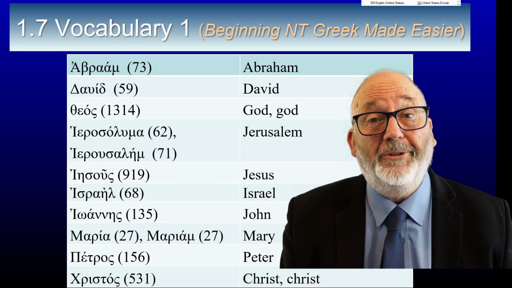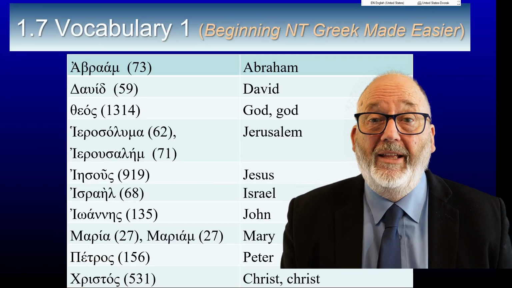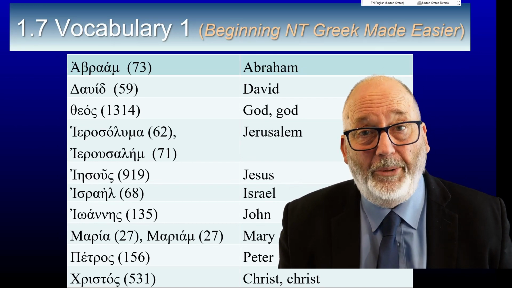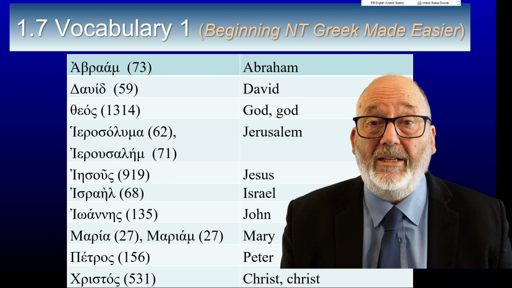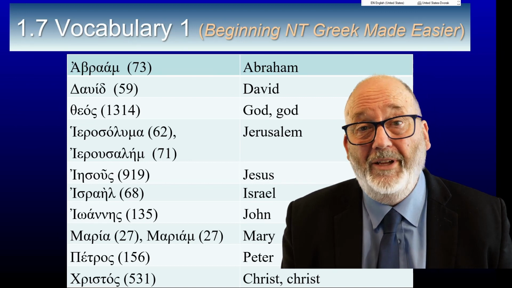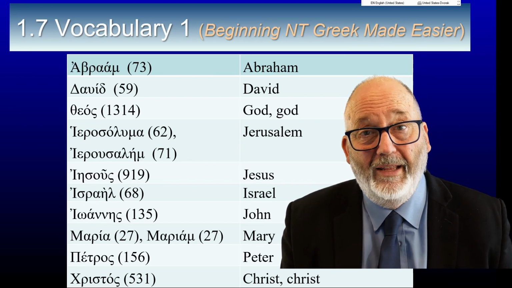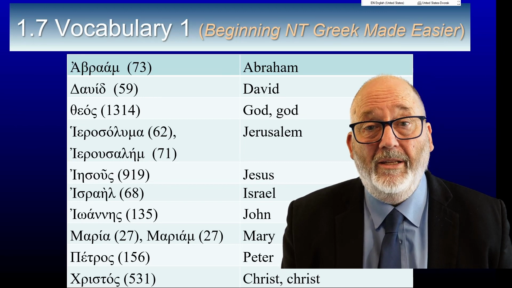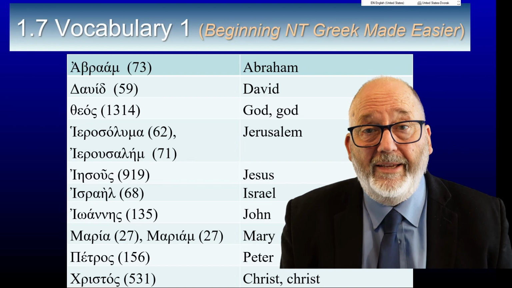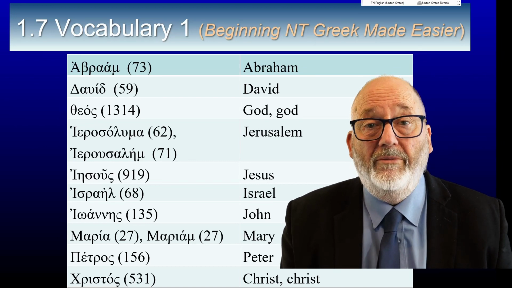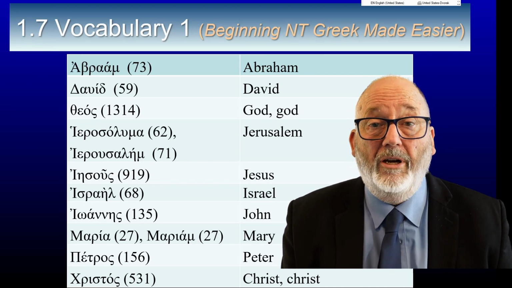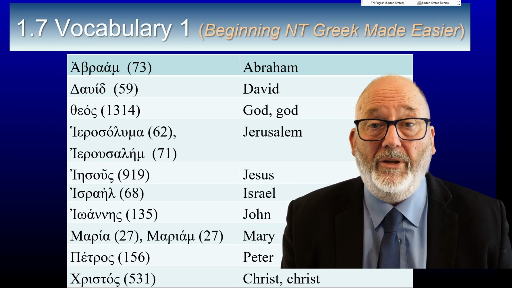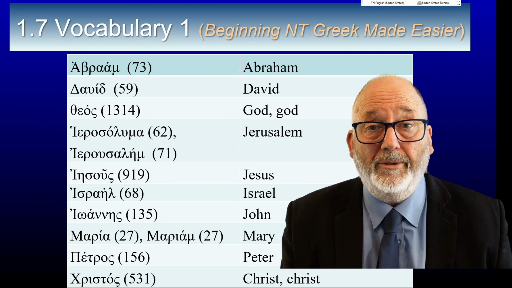Now let's apply all that we've learned about the sound of each letter, the sound of vowels, the sound of diphthongs, the sound of accents, and the sound of breathing marks to some words that are found commonly in the Greek New Testament. These words happen to be found in Vocabulary 1 from New Testament Greek Made Easier, but you'll find them in most early vocabularies of a Greek textbook.